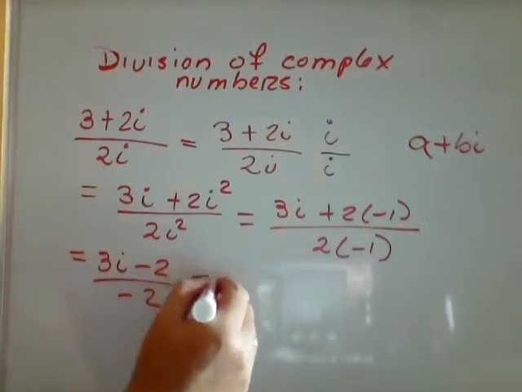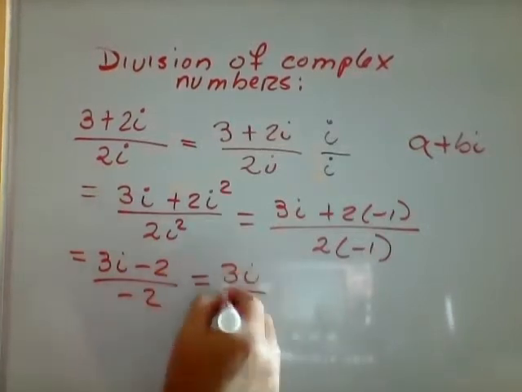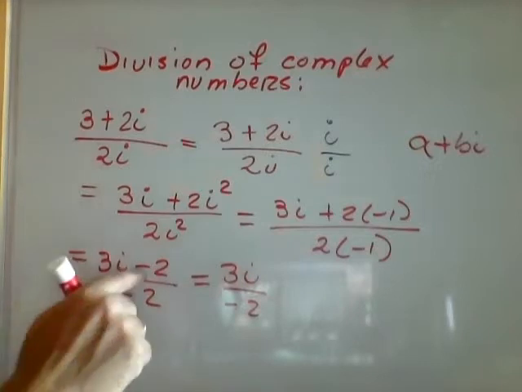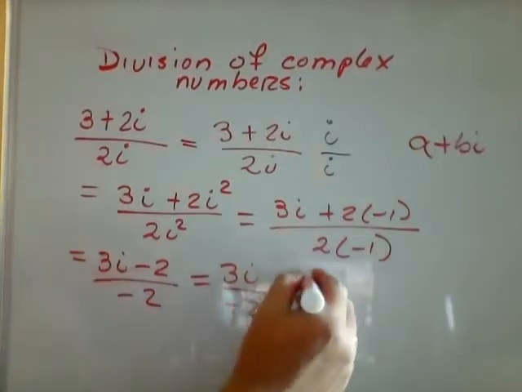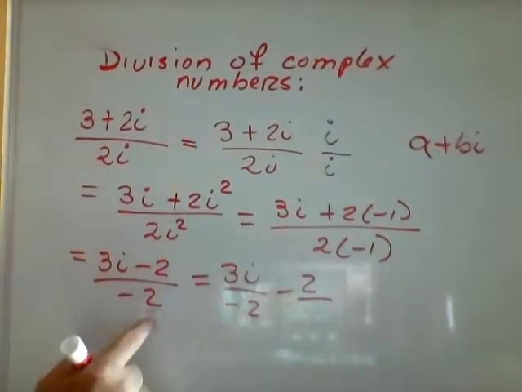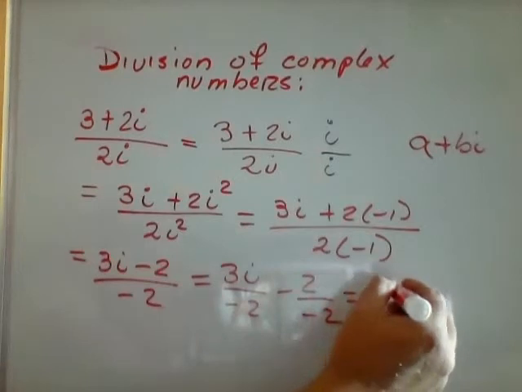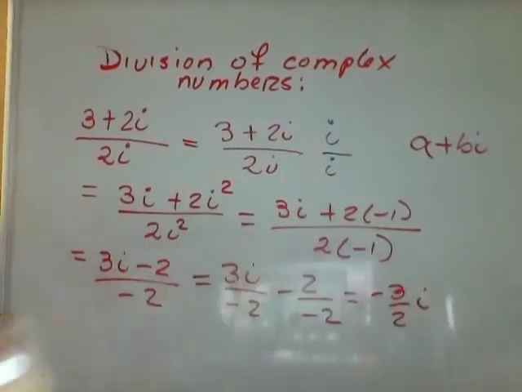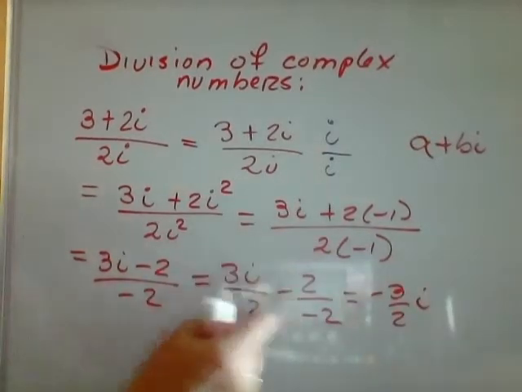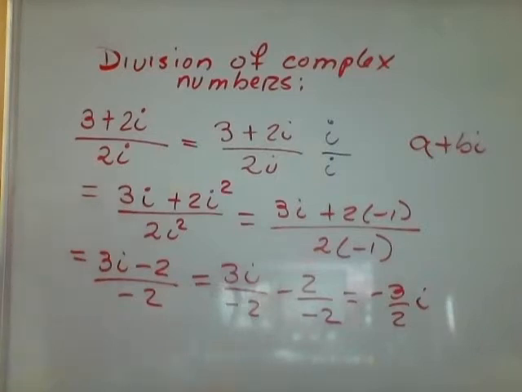Then we're going to do in this case 3i over -2 minus 2 over -2. 3i over -2 is going to be -3 over 2 i, and -2 over -2 is going to be +1, plus 1.